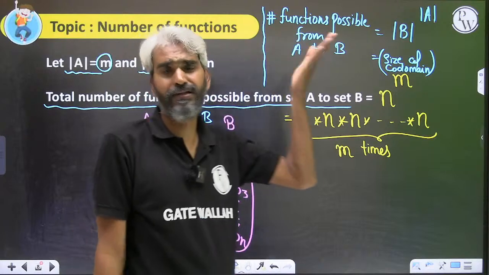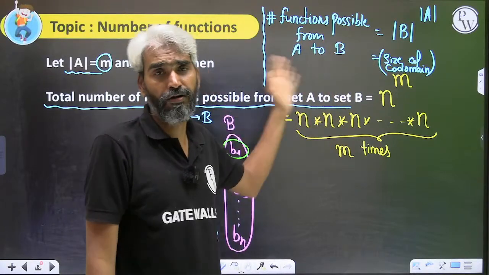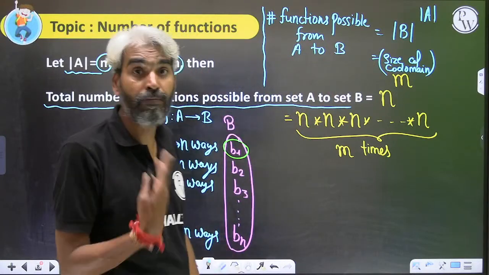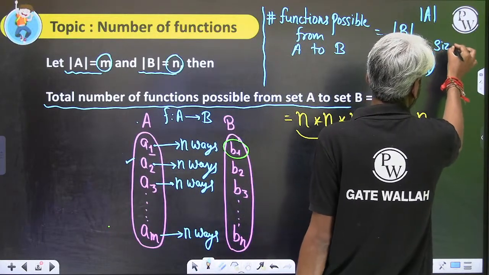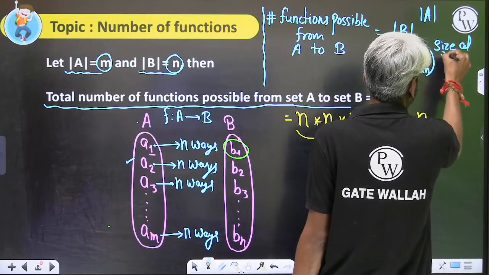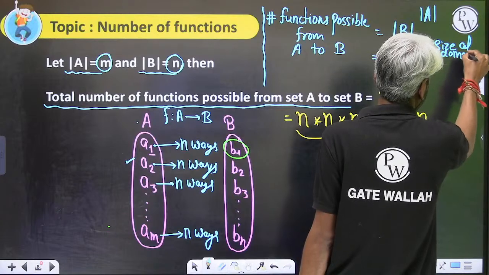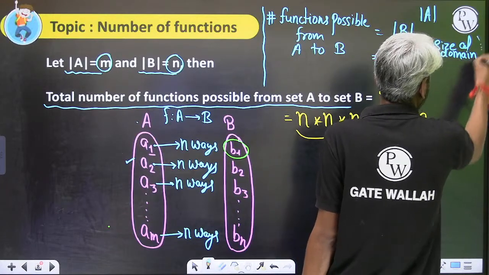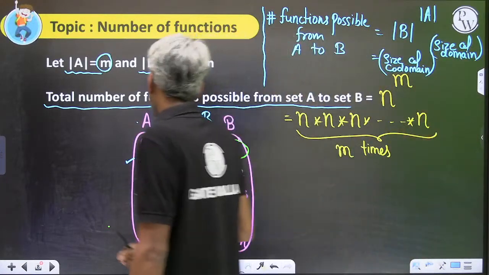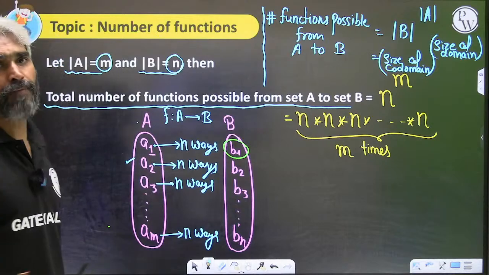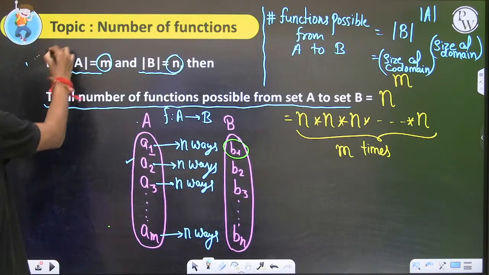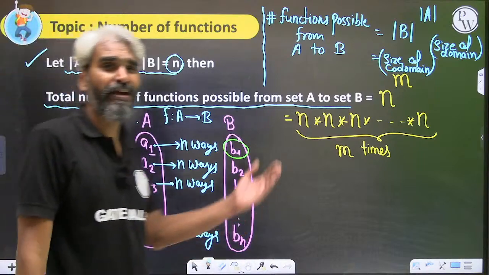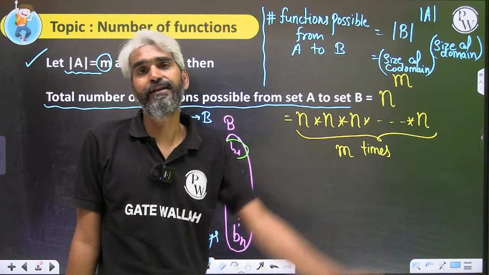But if you remember that the formula for the number of functions from A to B is size of codomain raised to the power size of domain, you will always know what is the domain and what is the codomain. Size of codomain raised to the power size of domain. Clear? These are the total number of functions possible from any set A to another set.